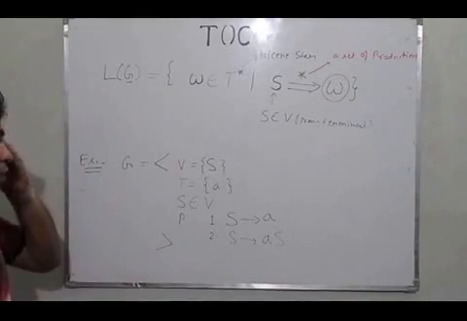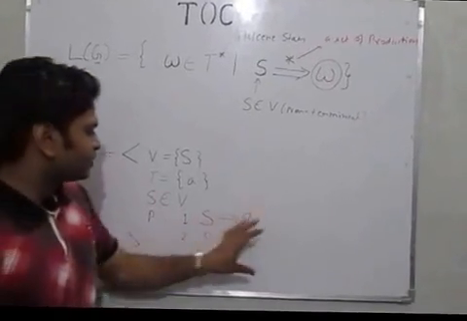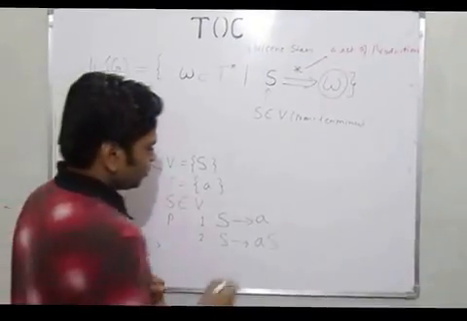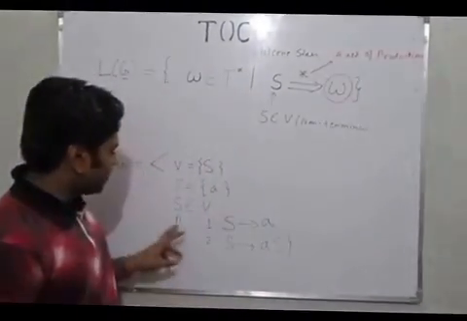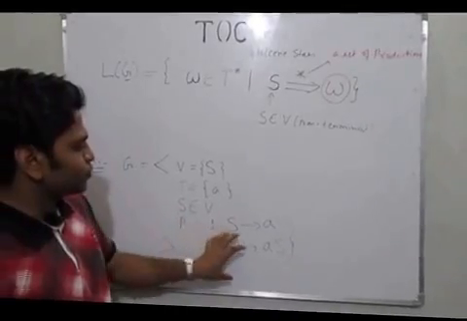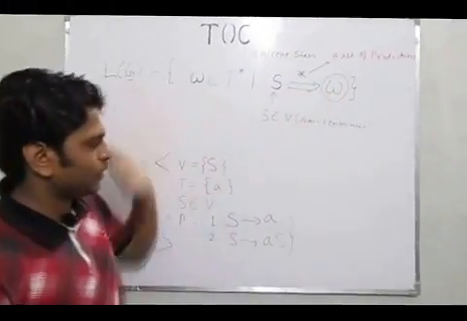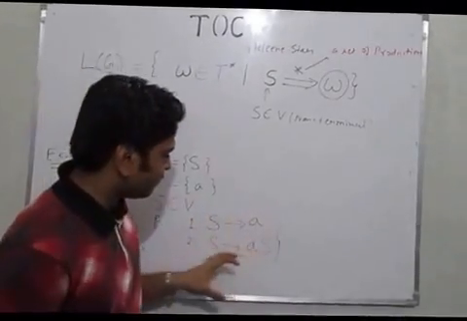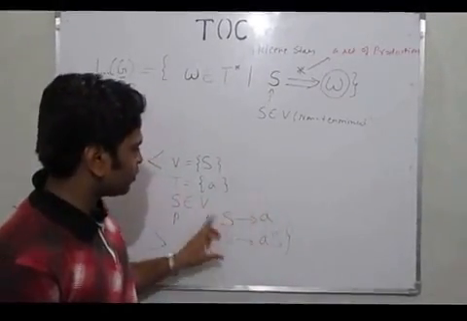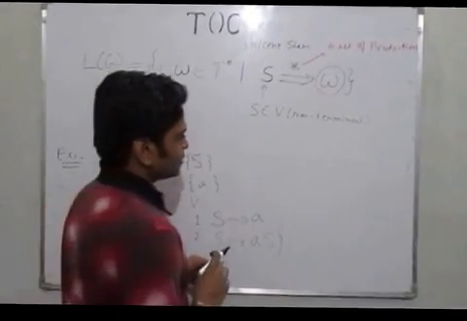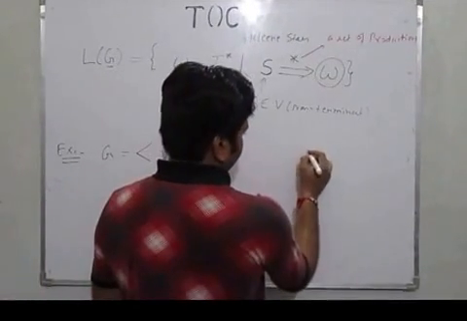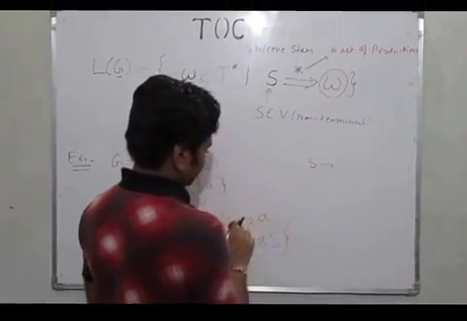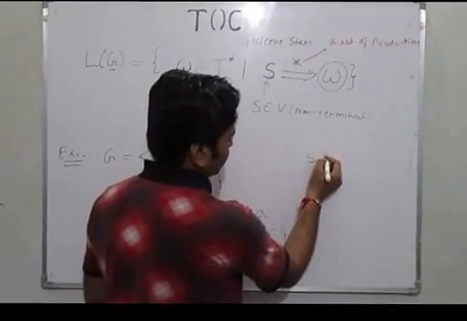So how can we derive a language using this grammar? Let us check that. As I told you, a production as a rule is used to derive strings for a given language, and the various possible strings that we can derive using these two productions of this grammar are as follows. Number one, if I use the first rule, I simply put 1 over it.